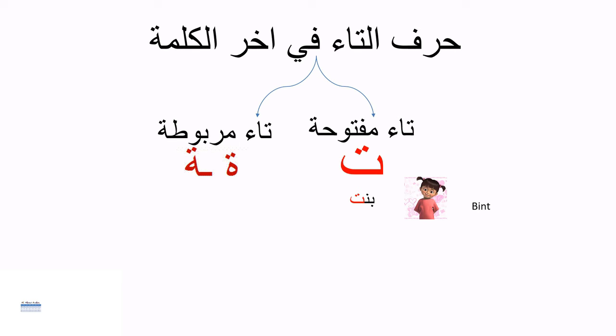And batta, a duck. We mentioned before that batta can also be pronounced as battatun, but we pronounce it as batta because we can stop at ta. If we stop at ta marbuta, it can be pronounced as ha.